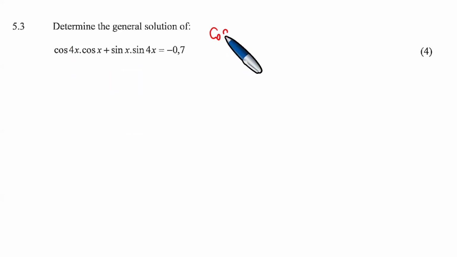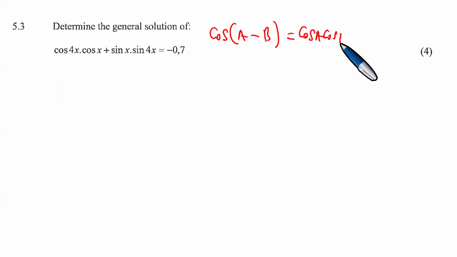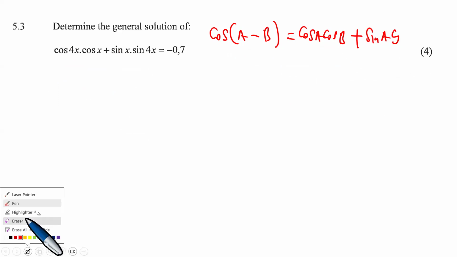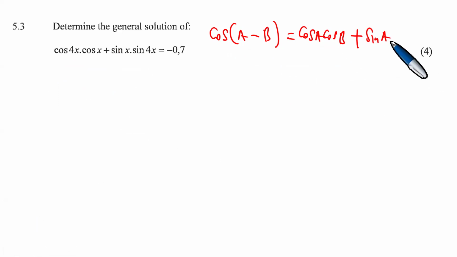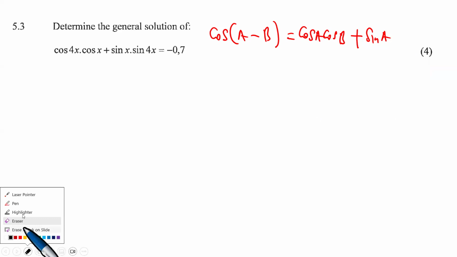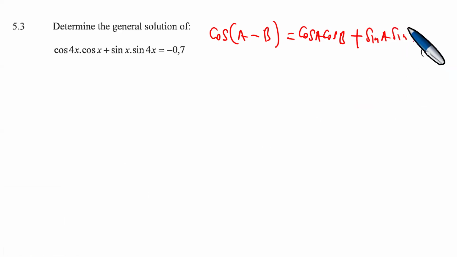So it's the same as cosine of A minus B. Cosine of A minus B is cosine A, cosine B, plus the sine of A, and then the sine of B. So it's going to be cosine 4x minus x.